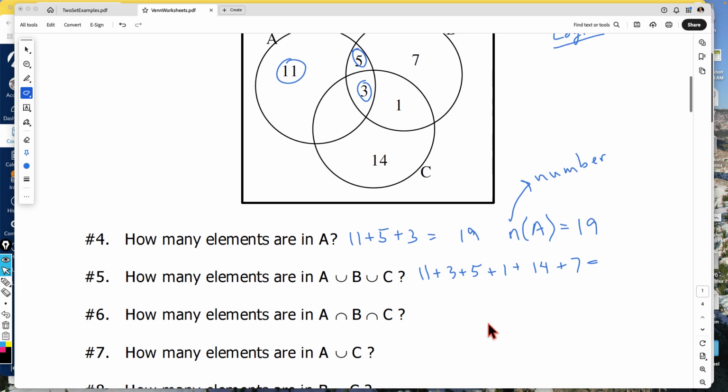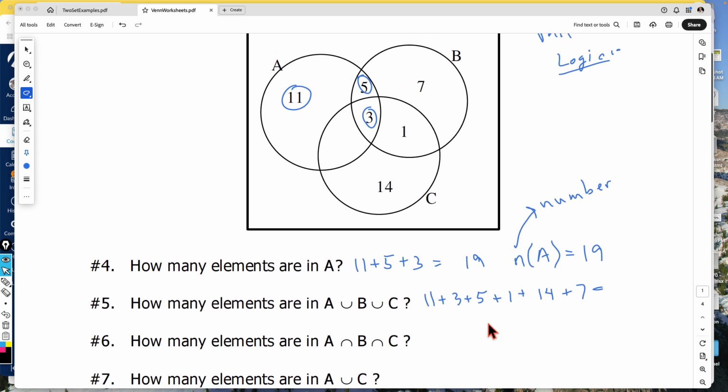How about A intersect B intersect C? It has to be all three. Remember, it's exclusive.